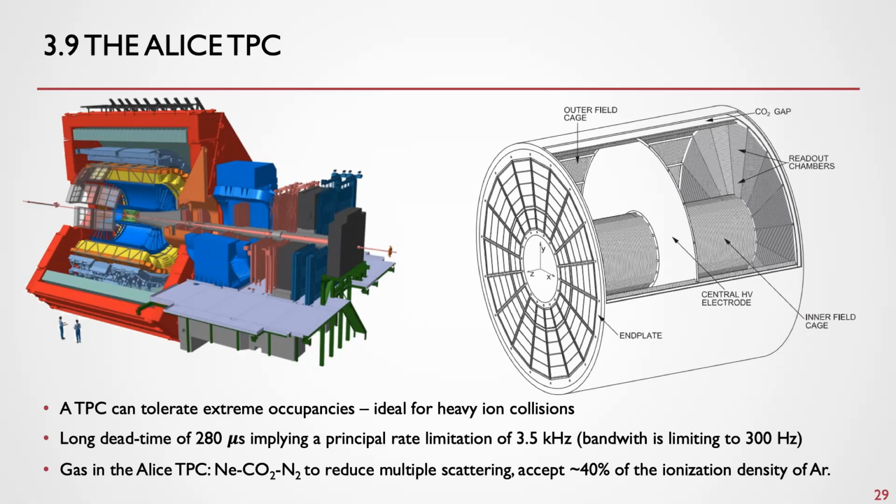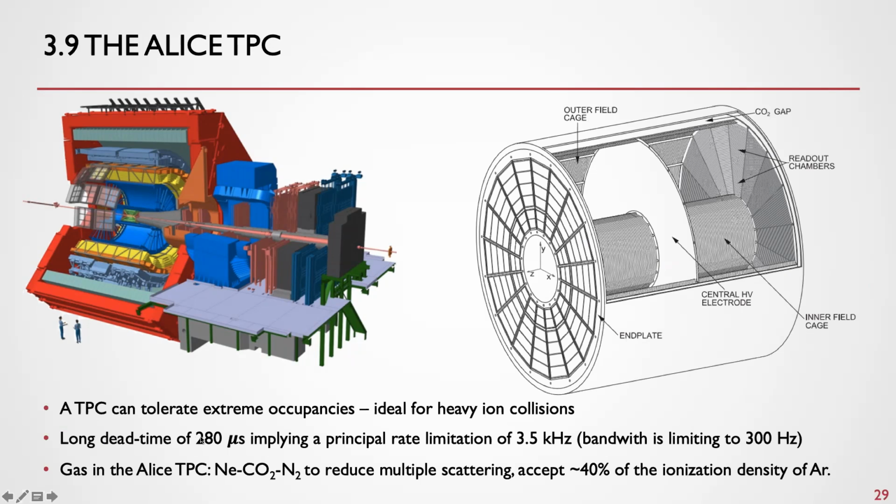However, because of the large detector volume, and although it's a kilometer per second drift velocity of the ionization signal, the electrons, you still have hundreds of microseconds dead time. It takes a while to read out this detector, so with 280 microseconds, it cannot operate, of course, at the LHC bunch frequency of 25 nanoseconds.